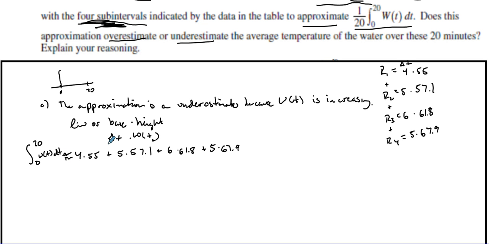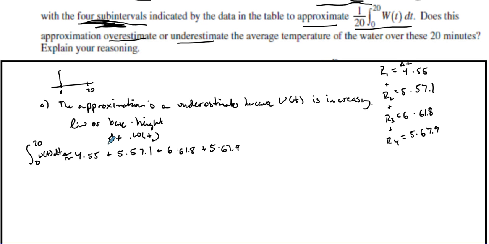So now we go to your calculator and we want to figure that out. 4 times 55 plus 5 times 57.1 plus, and I'm putting it in my calculator, so maybe you're doing the same. And you're probably fast forwarding through some of this stuff depending on if you got it.